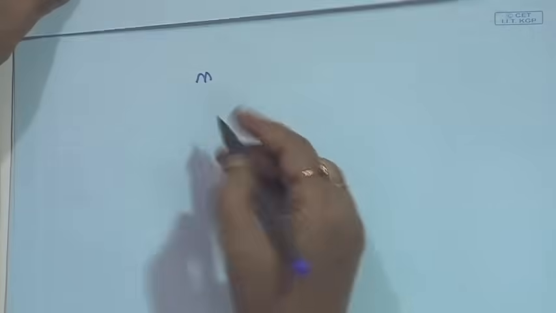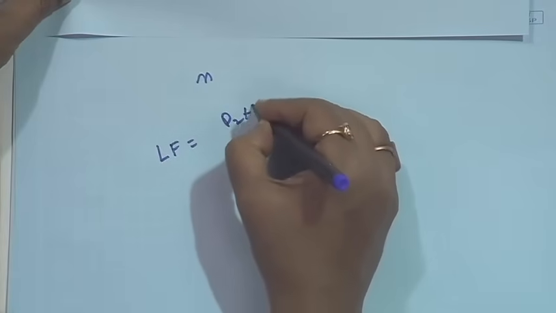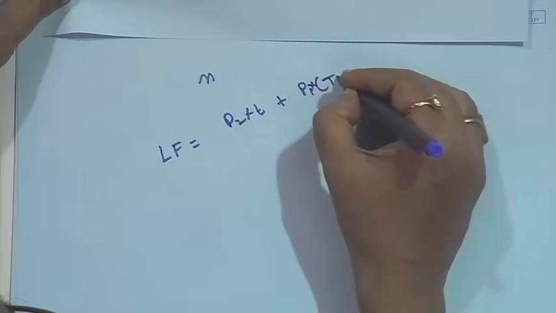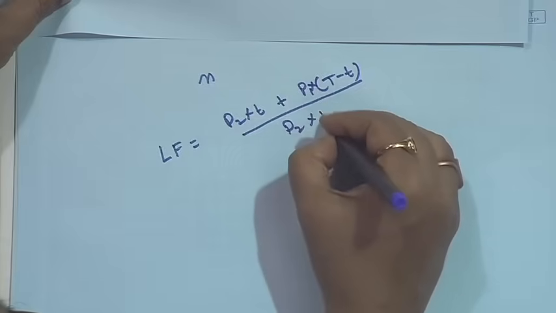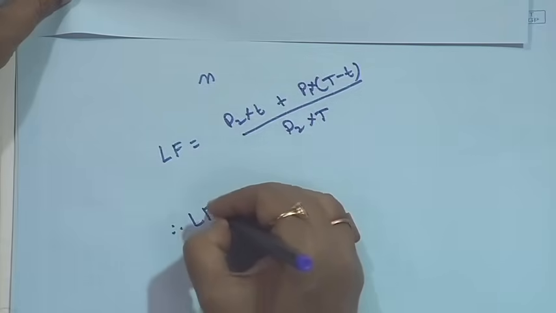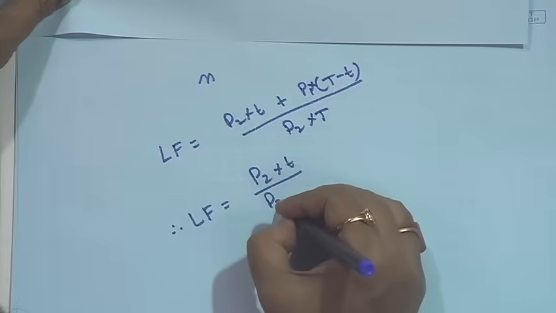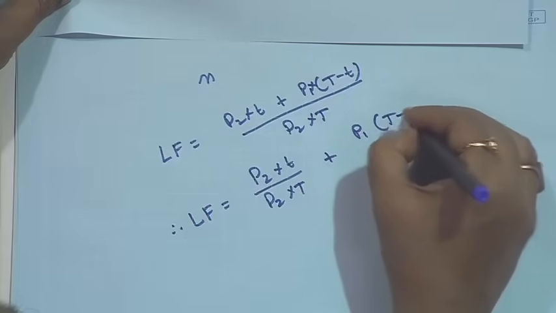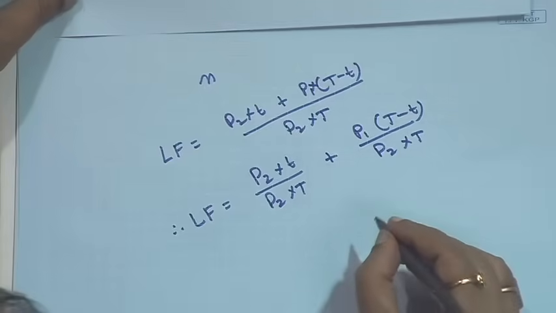Next, this load factor LF, I am rewriting once again, is P2 into t plus P1 into T minus t, divided by P2 into T. That means it can be written as P2 into t divided by P2 into T, plus P1 into T minus t divided by P2 into T. This way you can write.